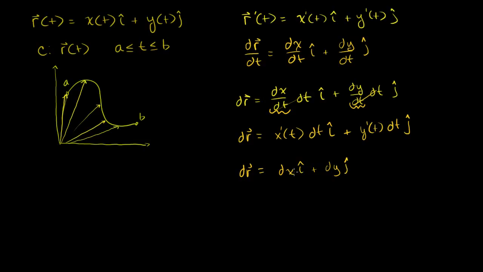And that actually makes a lot of intuitive sense. If I look at any dr, so let's say I look at the change between this vector and this vector, the super small change right there, that is our dr. It's made up of our dx, our change in x, that right there, but we're vectorizing it by multiplying it by the unit vector in the horizontal direction, plus dy times the unit vector in the vertical direction.